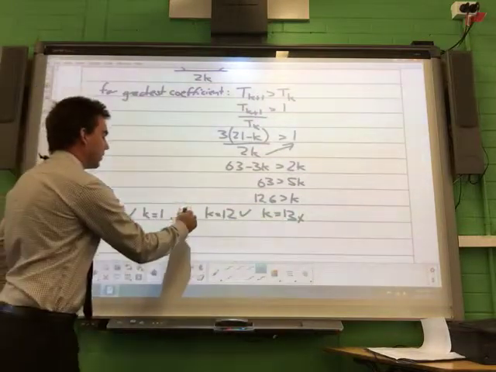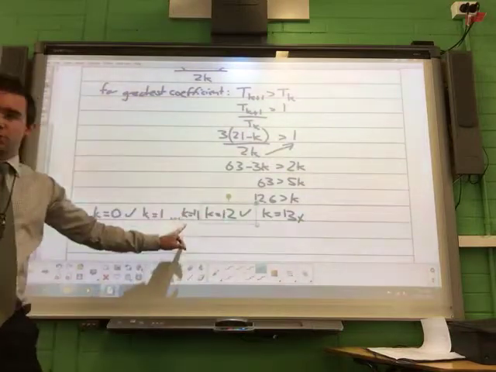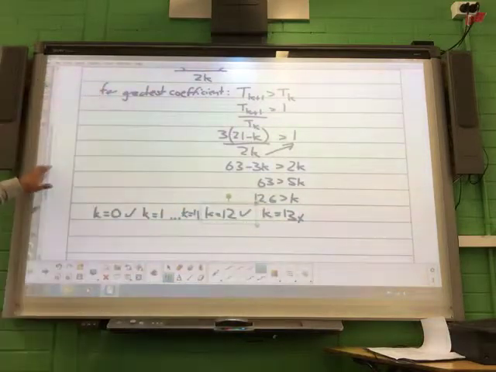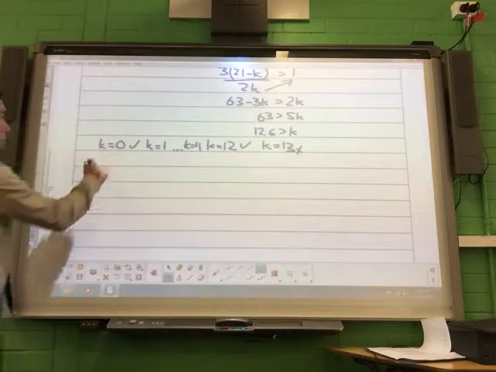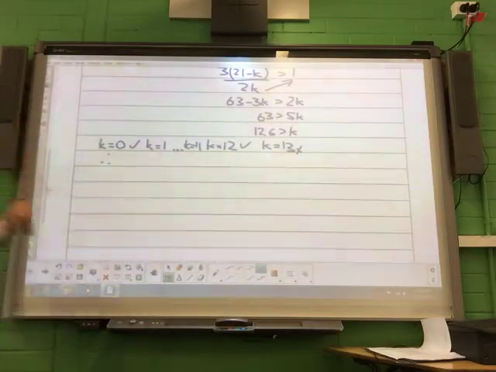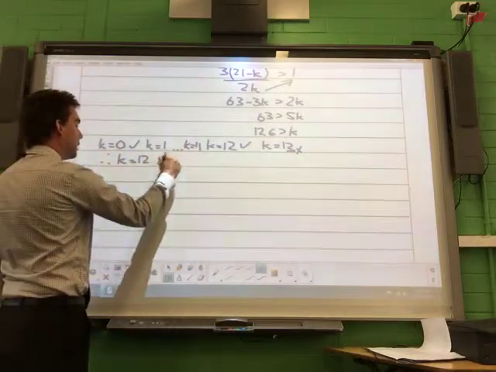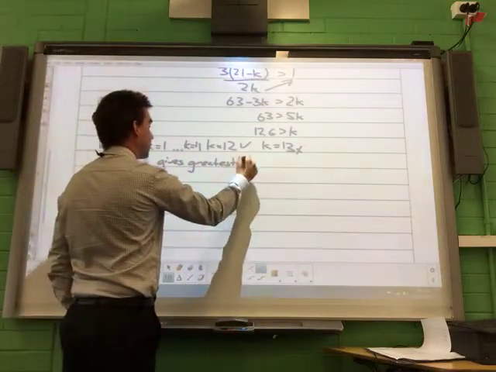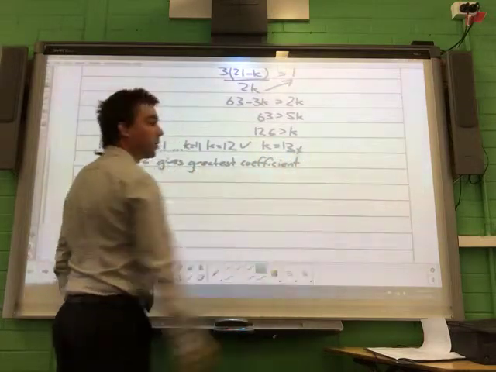Alright, so in other words, this previous term is going to be greater than this term. But when k is 11, this term is going to be greater than the previous term because it matches that inequality here. Okay, so that largest value you can have here that matches that inequality is going to be the value for k that will give you your largest coefficient. So therefore k is 12 gives greatest coefficient.